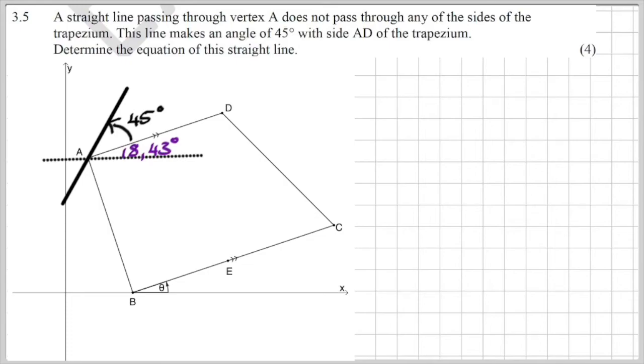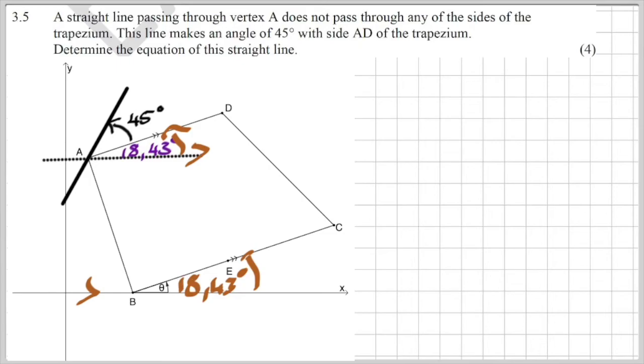Well, remember, the 18.43 was the inclination angle of BC. For me to get the inclination angle of AD, I'm going to draw a line that's parallel to my x-axis. And this inclination is the same as that inclination. That's where the 18.43 comes from.